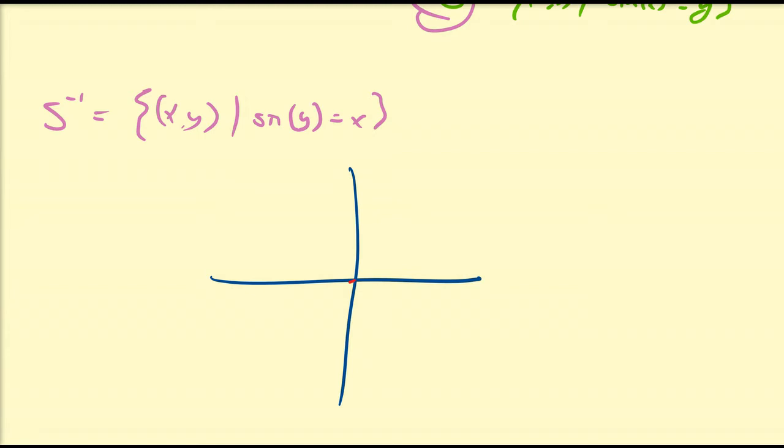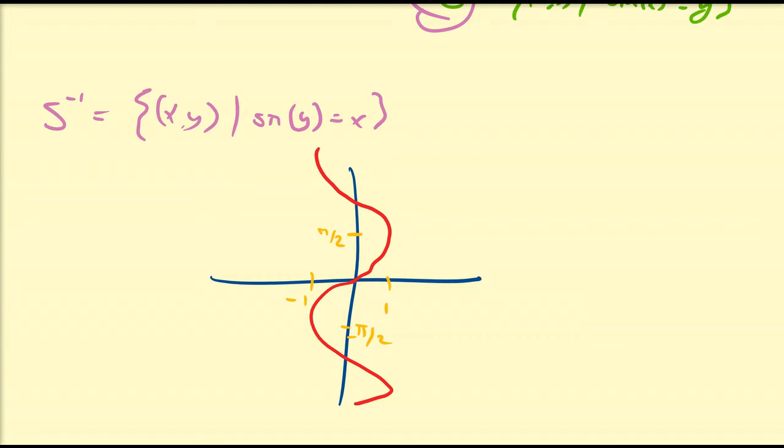And you can fill in the details, but it's going to have this type of property. Now, how do you know exactly where everything is? So this is going to be minus 1, this is going to be 1. So this is going to be pi over 2. So pi over 2 should correspond to 1, and minus pi over 2 should correspond to negative 1, right? Because we've just switched the domain and range values.